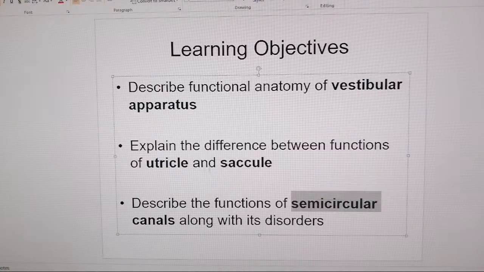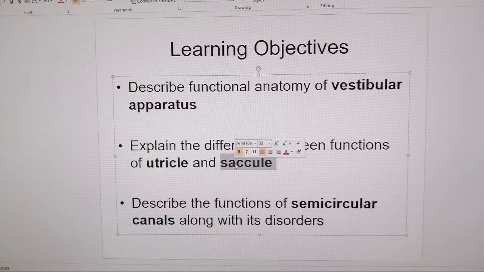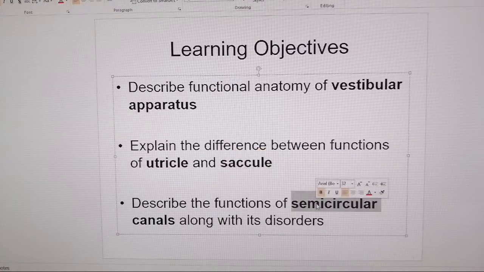The utricle and saccule are lumped together as otolith organs. So once again, the vestibular apparatus comprises the otolith organs, which comprise the utricle and saccule, and the other component is the semicircular canals.